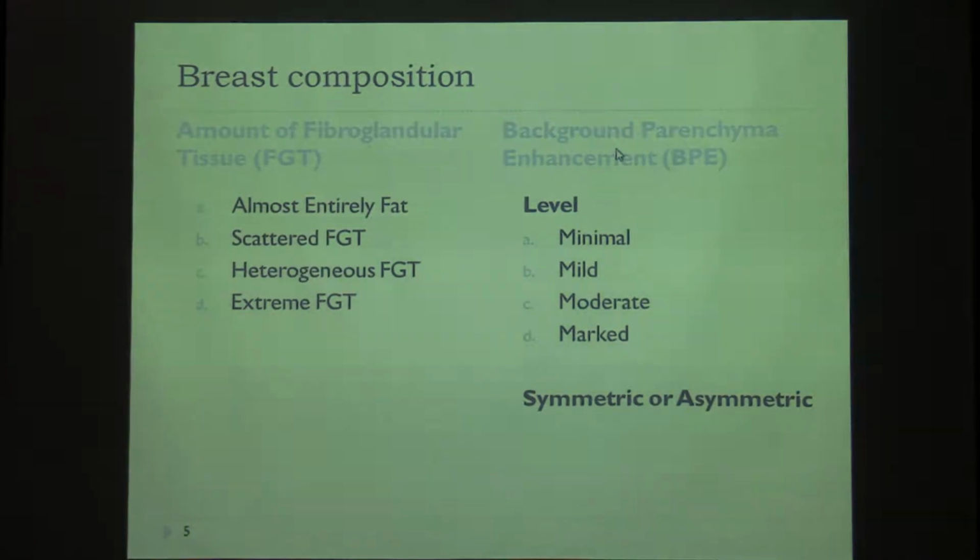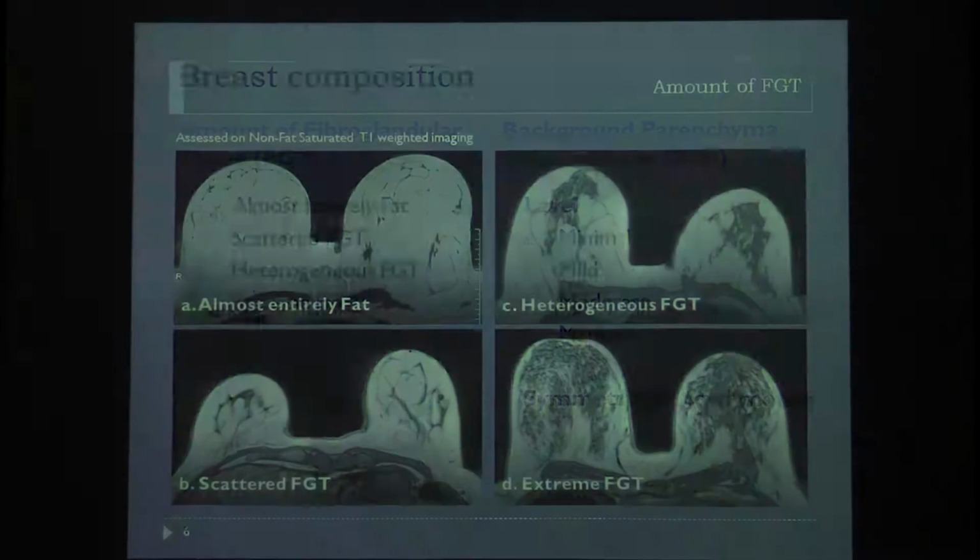For the background parenchymal enhancement, we also have 4 levels: minimal, type A; mild, type B; moderate, type C; and marked, type D. Then, as we have already seen, you have to say if it's symmetric or asymmetric.